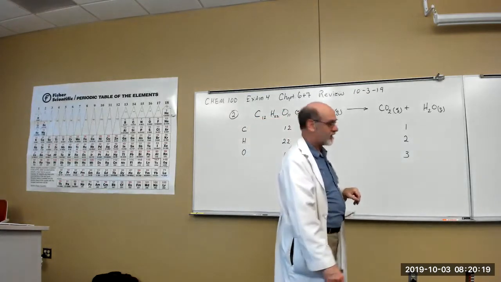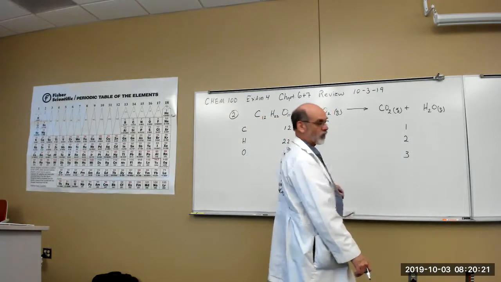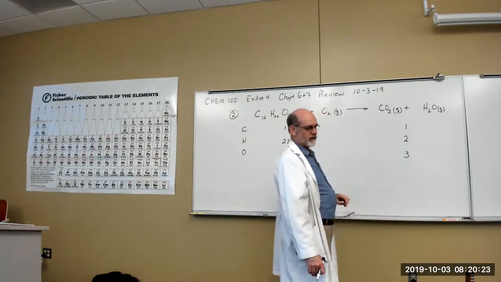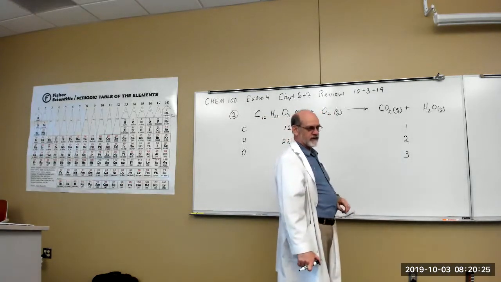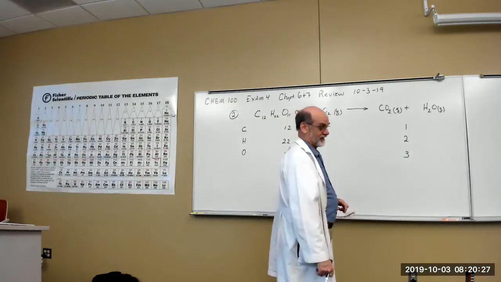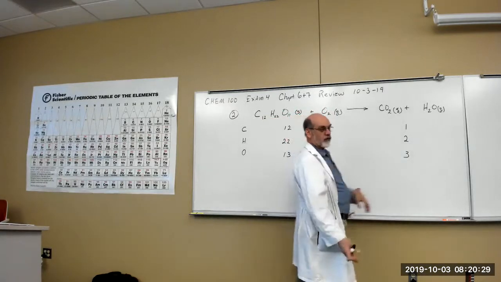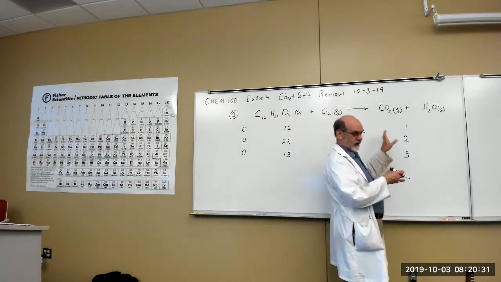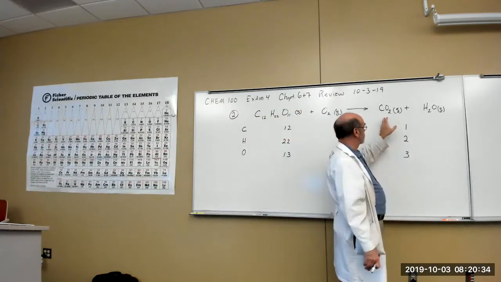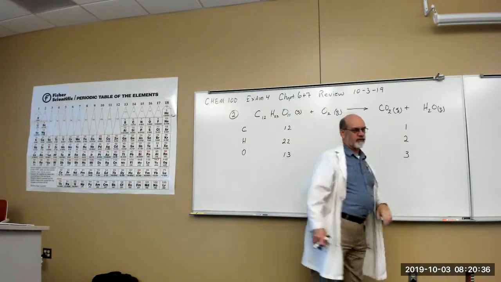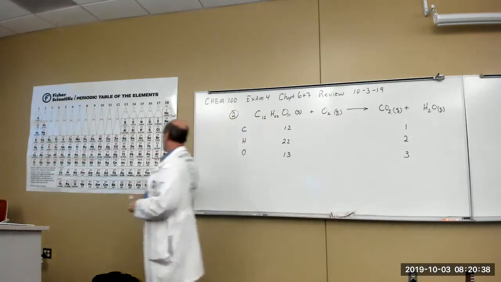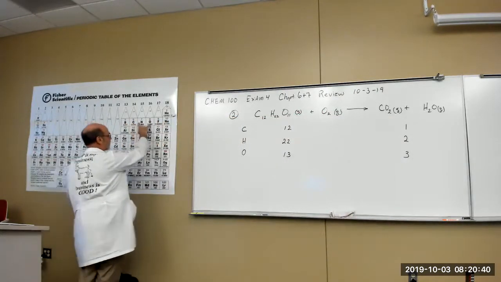I don't know the name of it. Oh, CO2, carbon dioxide? Yes. Yeah, we covered that in the first couple of chapters, how to name compounds. Okay, but let's go back to naming for a second. Where do carbon and oxygen come from in the periodic table? Carbon comes from here, oxygen from there.